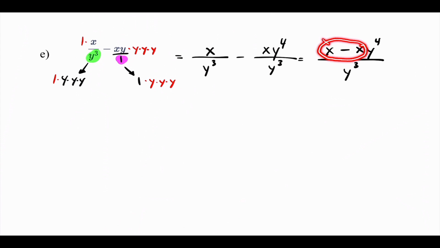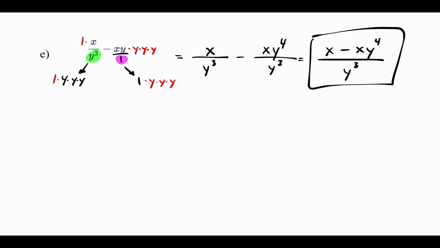Can I subtract those to make 0? No, because this is not x. It's x y to the fourth. It's close, but they're not like terms, so I can't. And then I can't cancel out the y's because top is a binomial, bottom is a monomial. I'm done, as far as I can go.